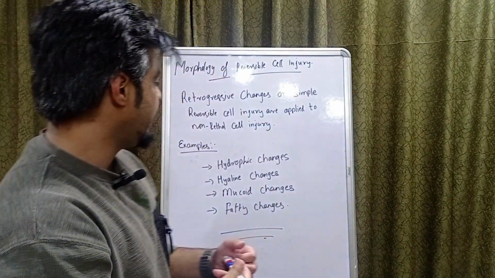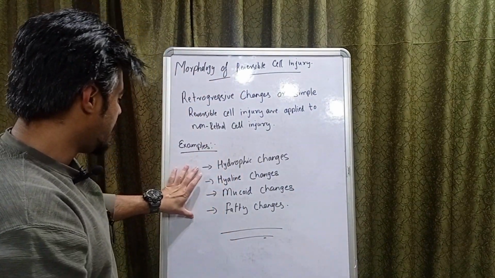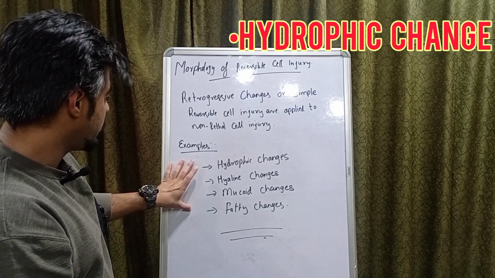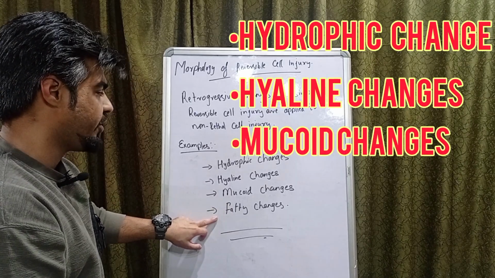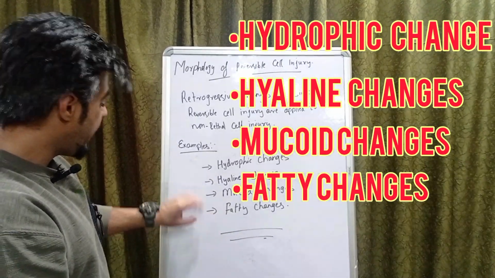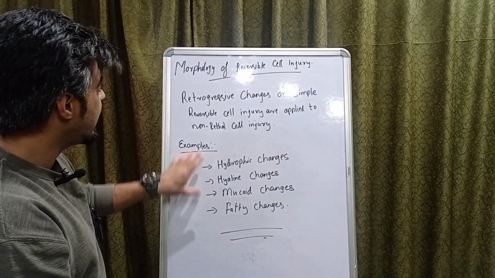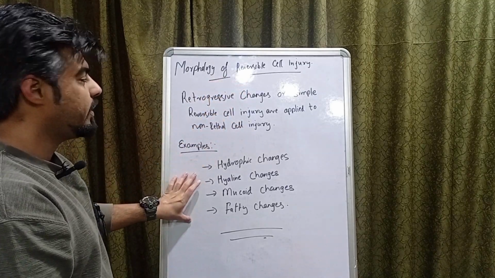There are a few examples: hydropic changes, hyaline changes, mucoid changes, and fatty changes. Based on these examples, we are going to understand the morphology of reversible cell injury.